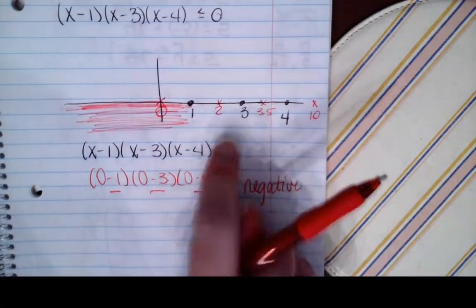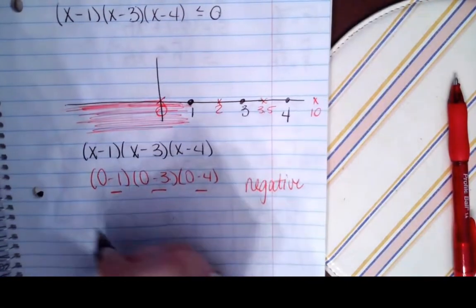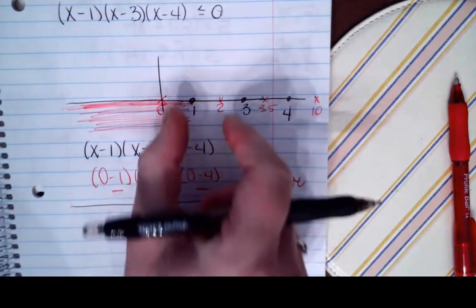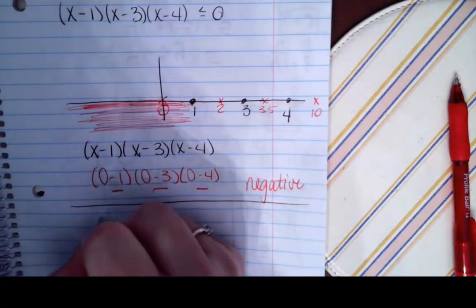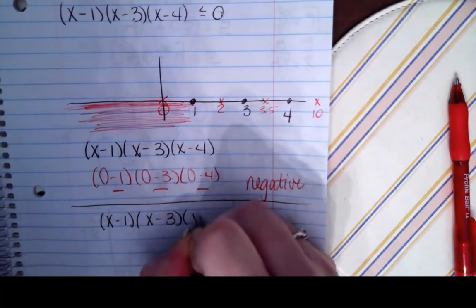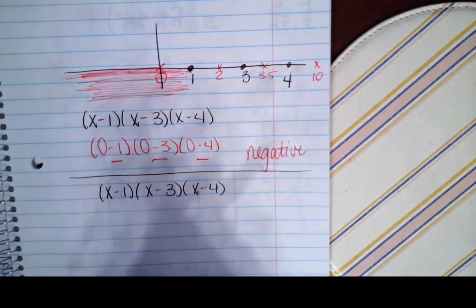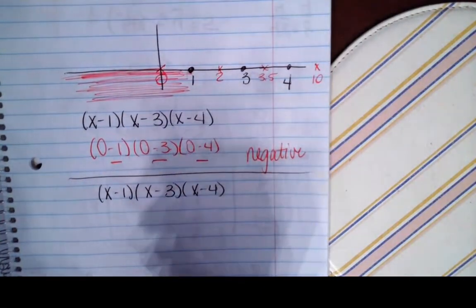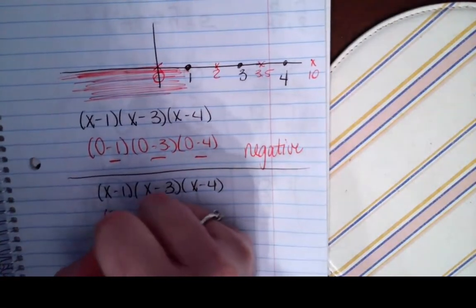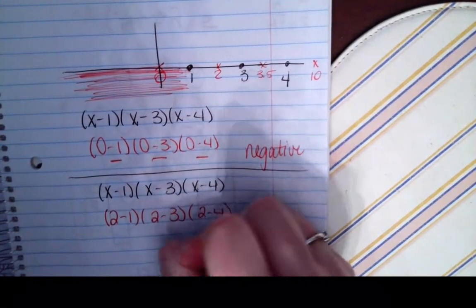So now let's try 2. I'm going to grab the 2 on this interval. So I have an x minus 1, an x minus 3, and an x minus 4, and I just want to know about the effect of this test point on the sign. That's going to give me a 2 minus 1, a 2 minus 3, and a 2 minus 4.